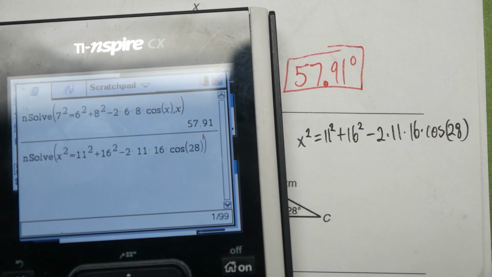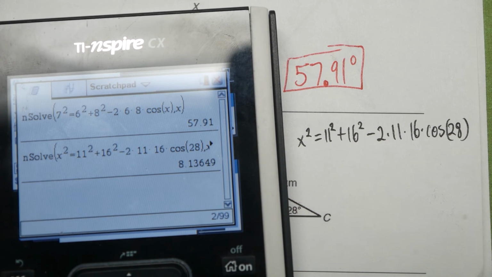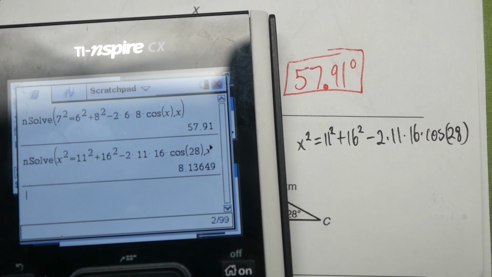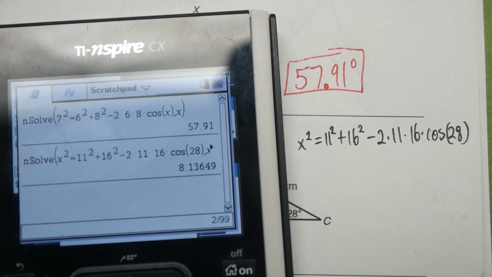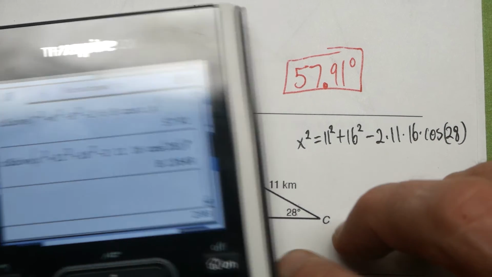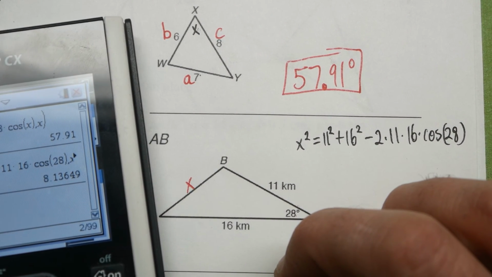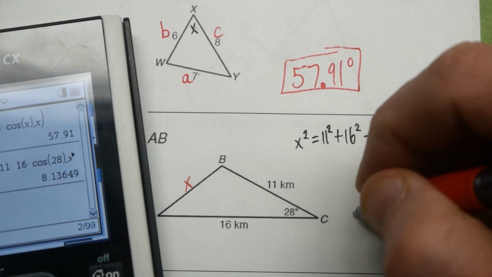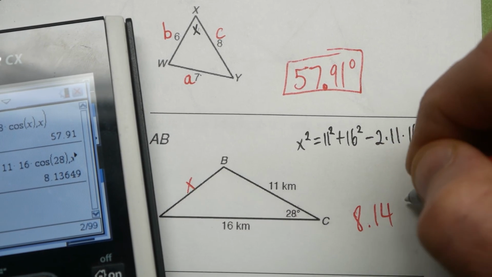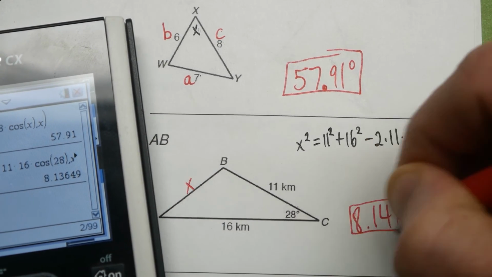Remember, finish it off with comma x. And it's going to be 8.136, so 8.14 kilometers.